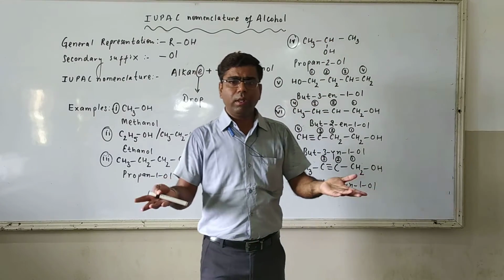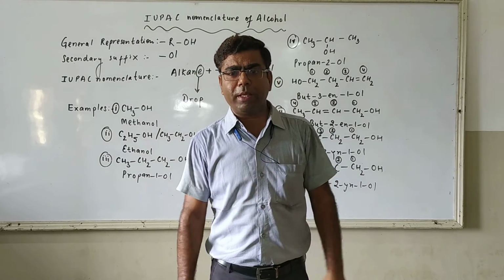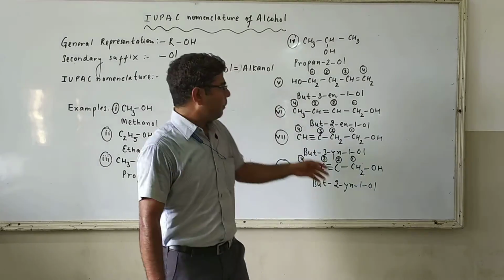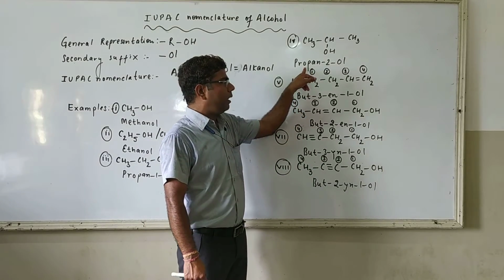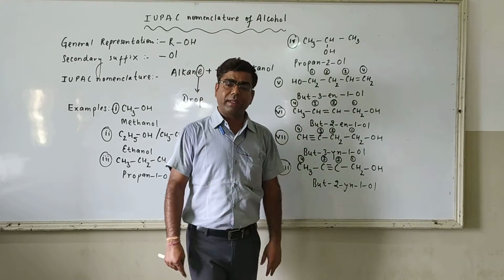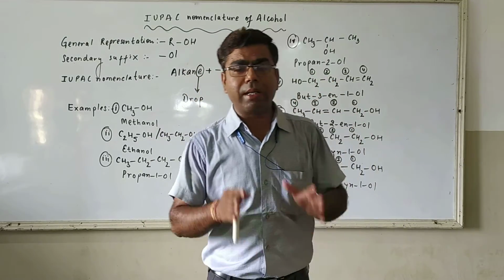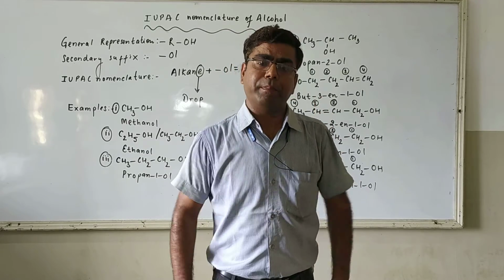So you can follow this side numbering. So here the OH group is placed on carbon number 2. So the compound will be named as propane-2-ol. This 2 represents the position of the OH group. Means the OH group is present on carbon number 2 of the main chain.